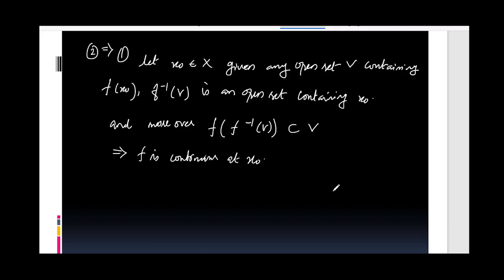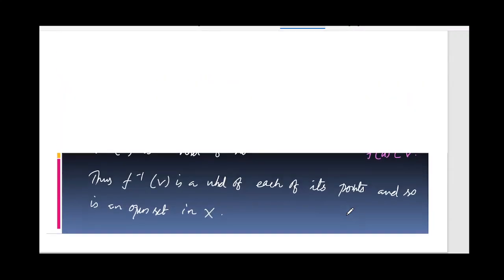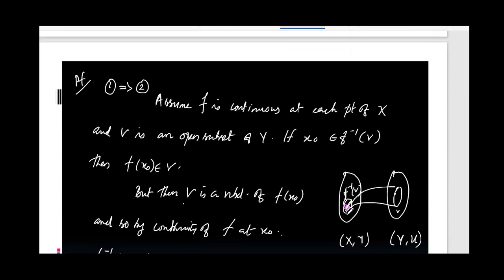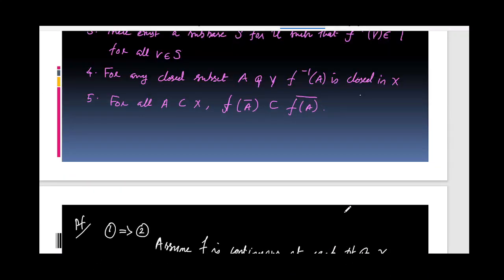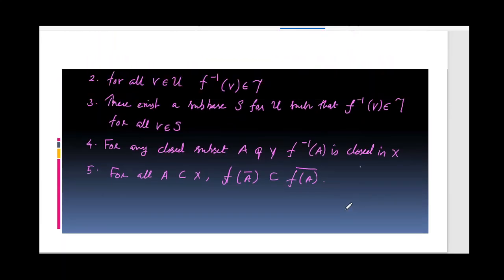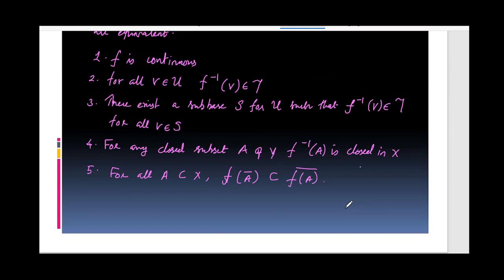Next we will prove 2 implies 3. What is 2? Can we get it directly? Because 2 says that for all V belongs to U, f inverse of V belongs to tau.